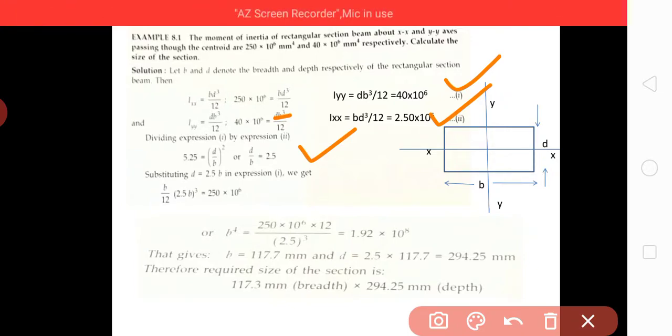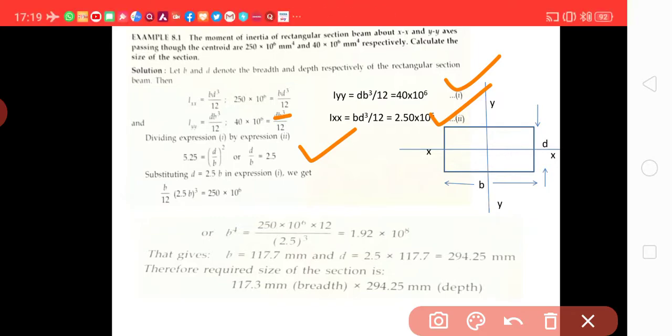That gives B equal to 117.7 millimeter, and putting the value of B in either the first or second, you will find that D equal to 2.5 into 117.7, that comes out to 294.25. Therefore, the required size of section is B equal to 117.7 and depth equal to 294.25 mm.